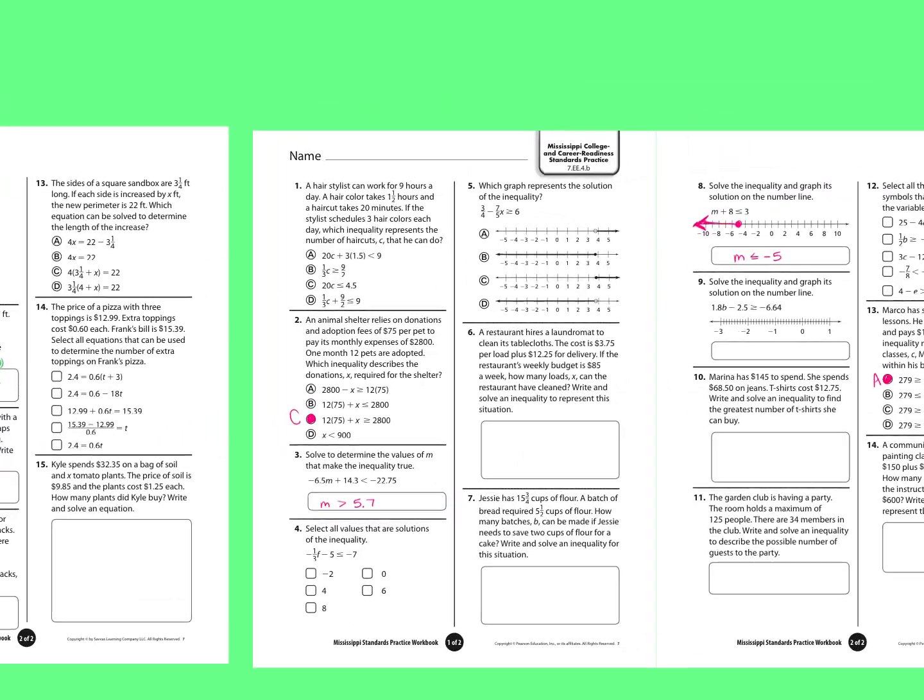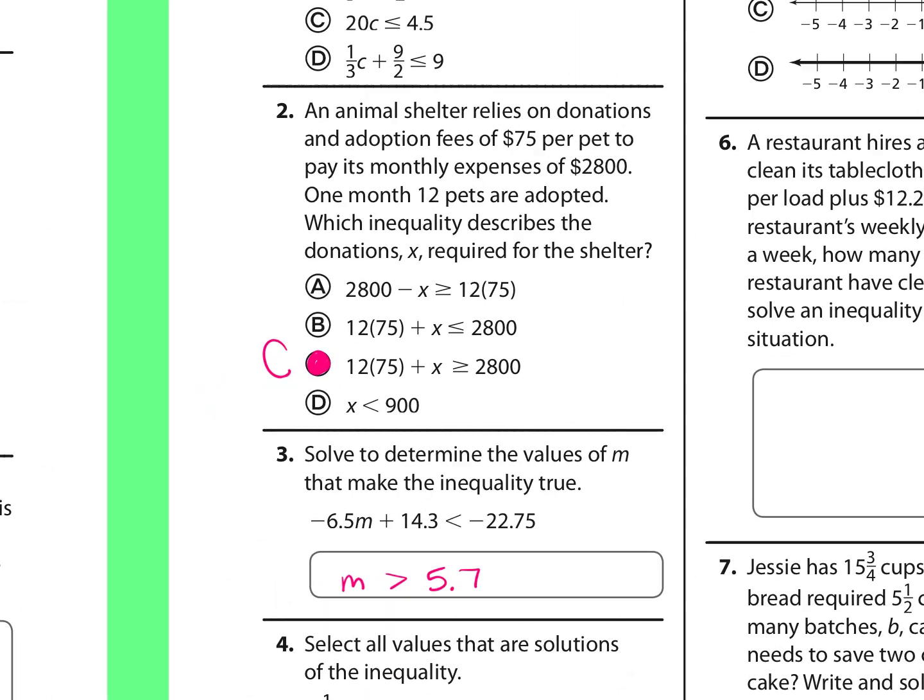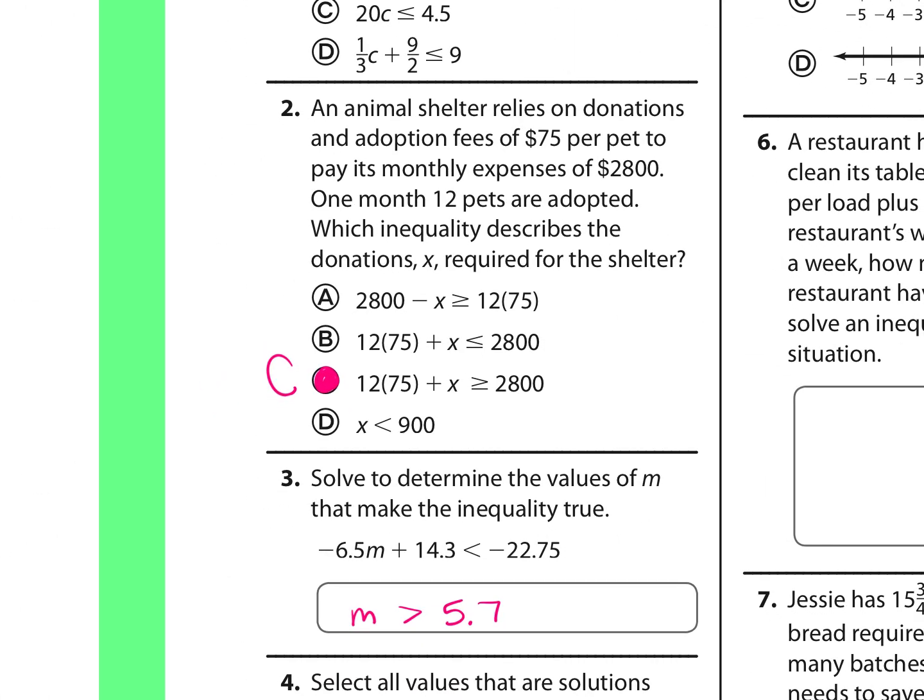On to the last standard, EE4B. These deal with inequalities. Number 2, an animal shelter relies on donations and adoption fees of $75 per pet to pay its monthly expenses of $2,800. One month, 12 pets are adopted. Which inequality describes the donations X required for the shelter?